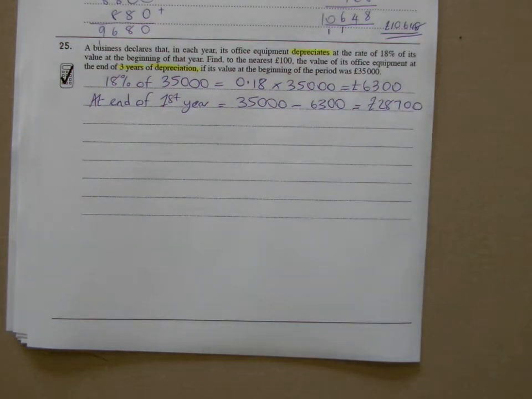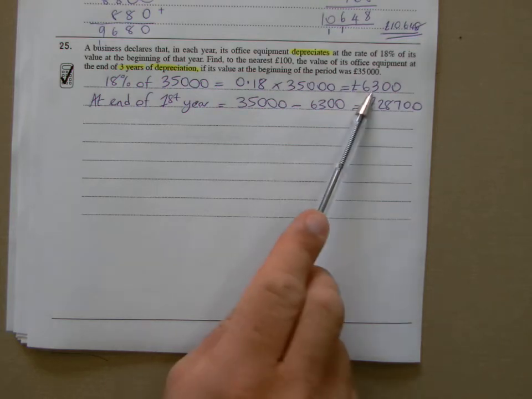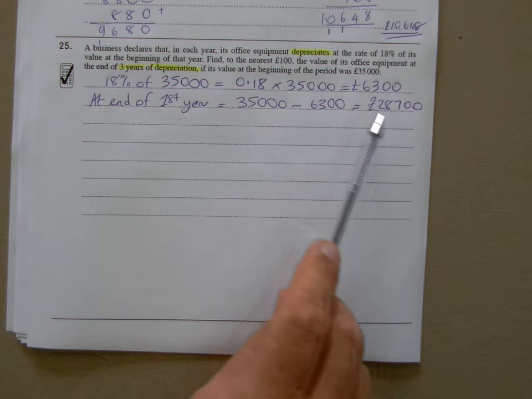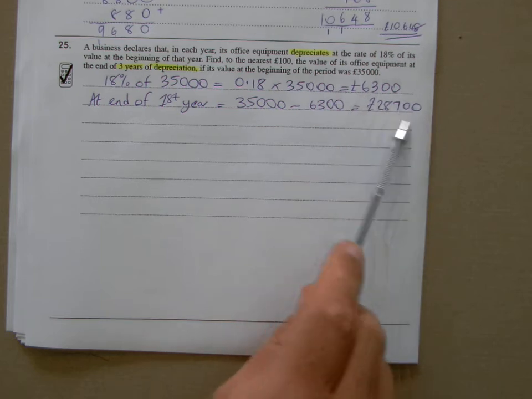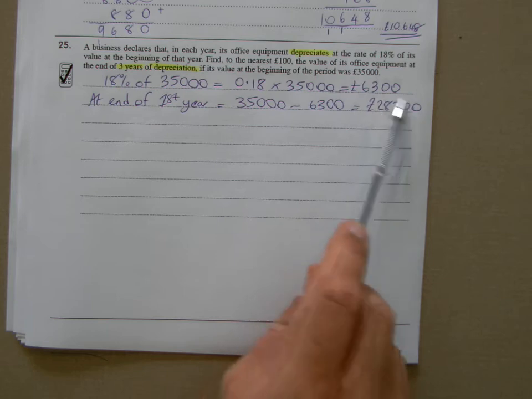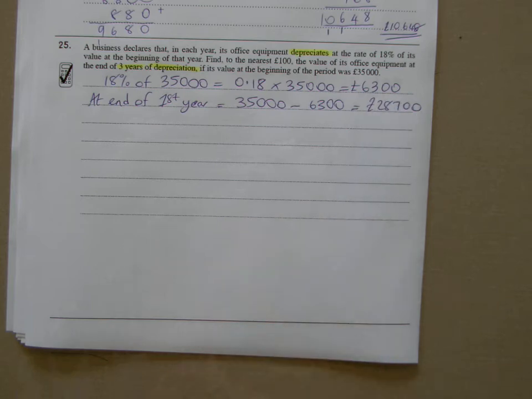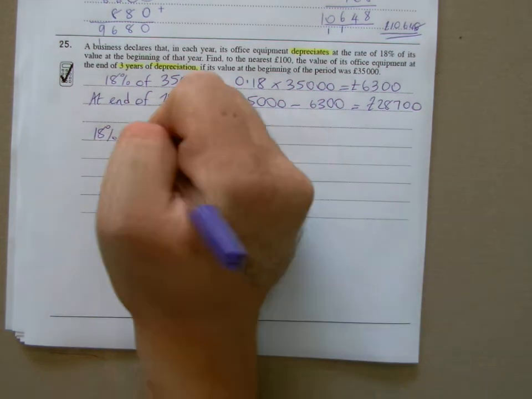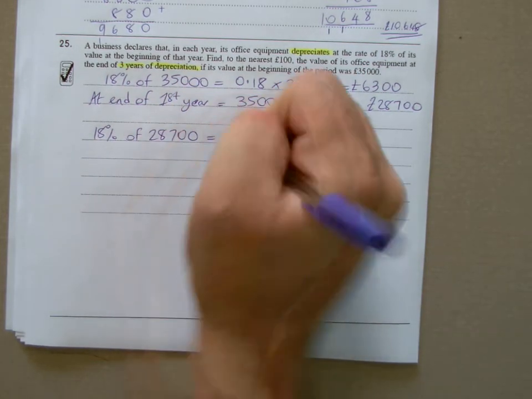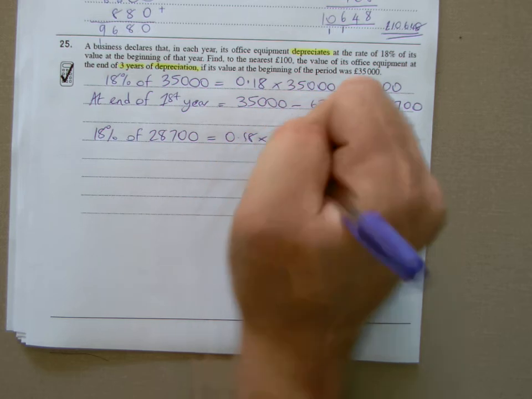Then it depreciates again by 18% in the second year. But it's not going to be the same as that, because it depreciates by 18% of the value it starts with. And that's the value it's going to start with in year 2, January the 1st. So now we work out 18% of that. Again, 0.18, show your method.